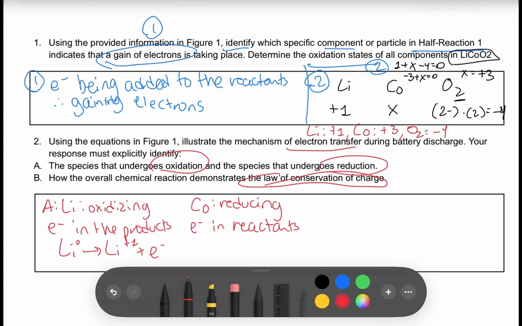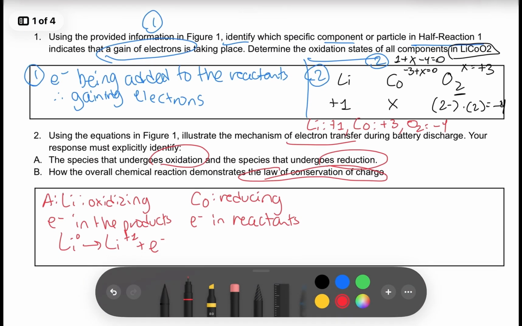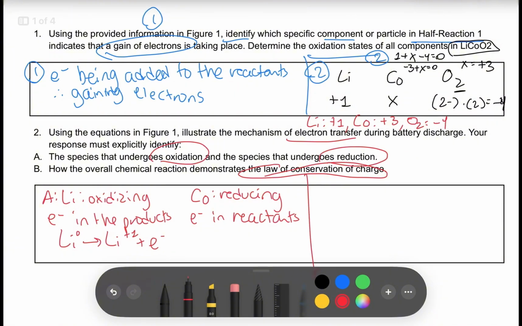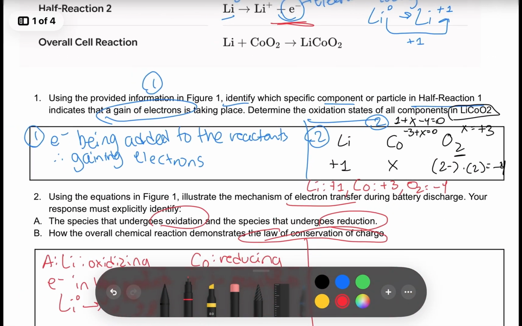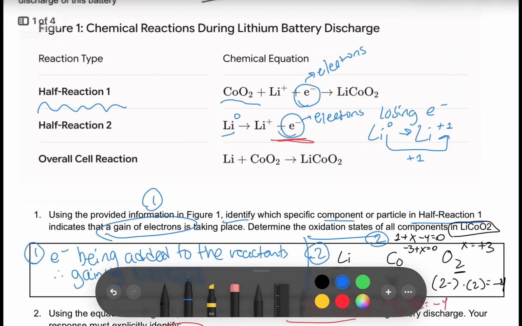Now, in terms of charge, we can see this if we look at the actual equation. So in the overall cell reaction, let's figure out the net charges of each one. Since Li is by itself, it's considered a free uncombined element, so it's going to have an oxidation number of 0.